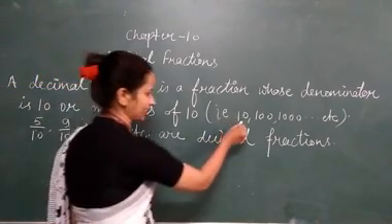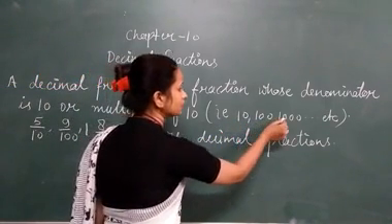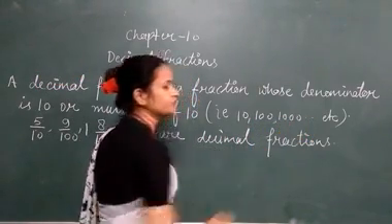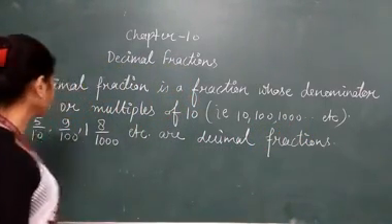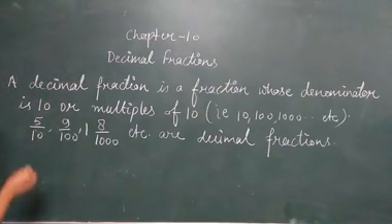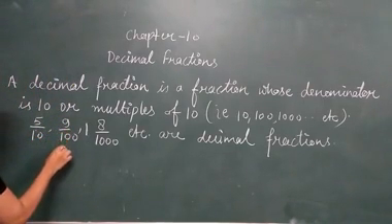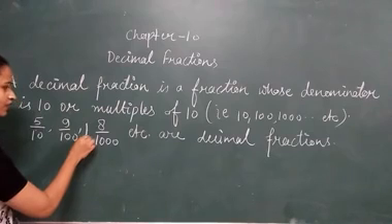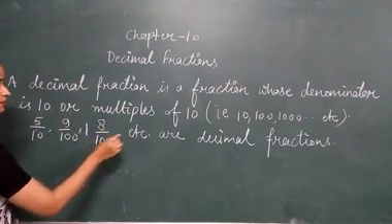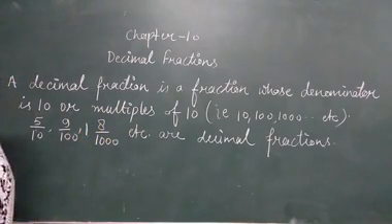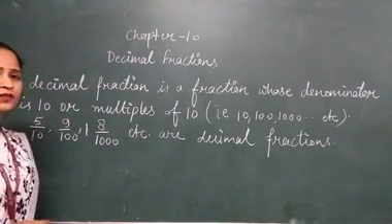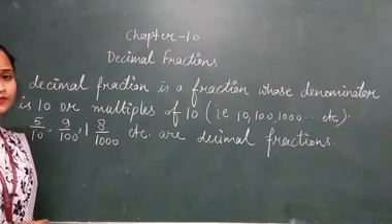That is 10, 100, 1000, 10,000, etc. For example, 5 upon 10, 9 upon 100, 1 whole 8 upon 1000, etc. are decimal fractions. Okay.